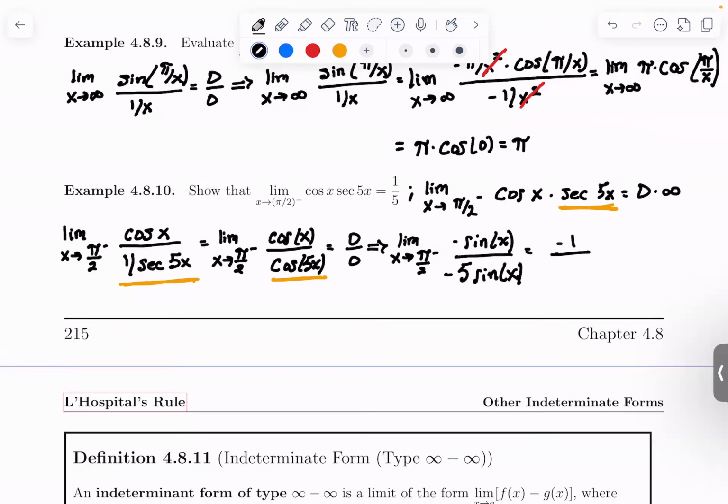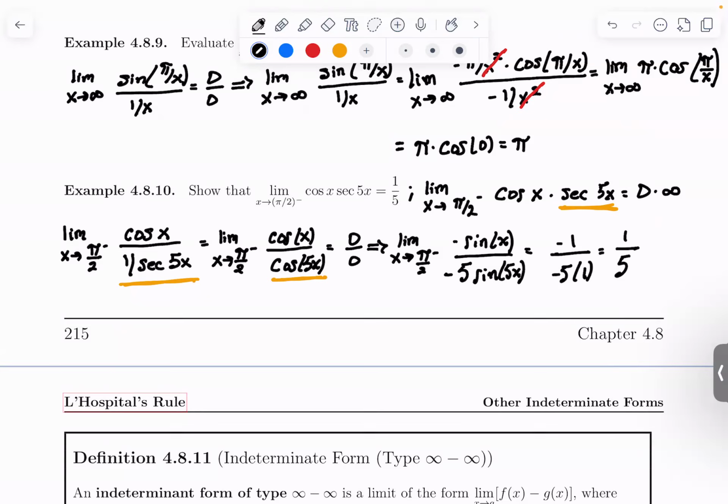And then down here we have -5 times 1. This should say sine of 5x right here because of the chain rule. So this just gives us what we want, 1/5. There we go, and that's how you solve that problem. Sorry for that.